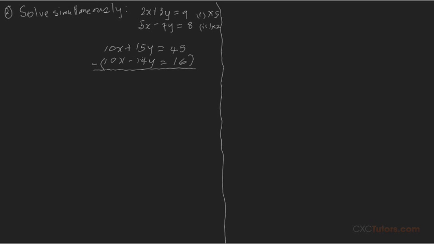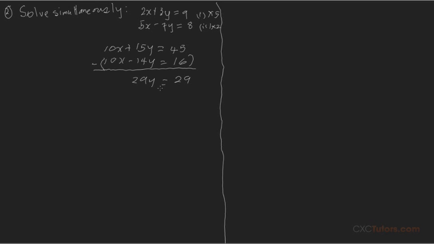15y minus 14y. It's like saying a negative times a negative right here makes a positive. So we have 15y minus 14y becomes 29y, and 45 minus 16 is equal to 29.